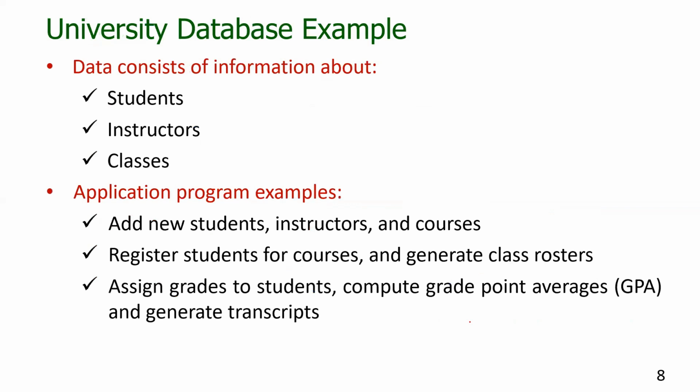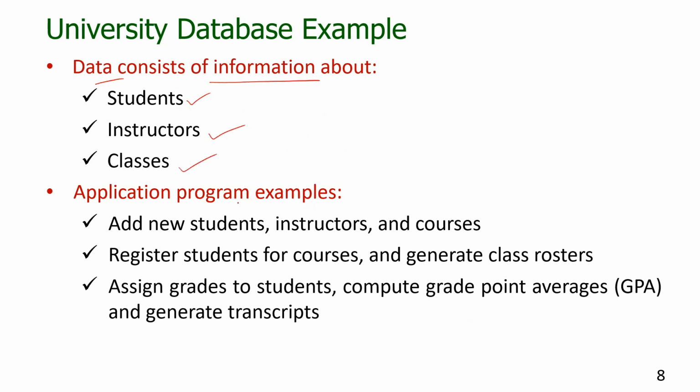Let us see an example database, the university database. A university contains departments, students, faculty, and various classes. Here the data consists of information about students, instructors, and classes.